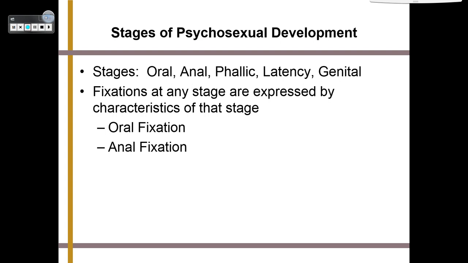This is expressed by a characteristic of that stage. And what that means is that some aspect of that stage is going to express itself in us as adults. And there are a number of fixations out there, things like oral fixation or anal fixation. Those are the 2 biggest ones that we'll be talking about today.